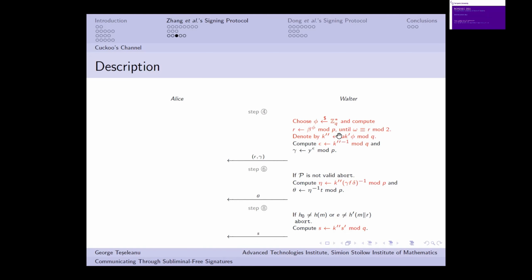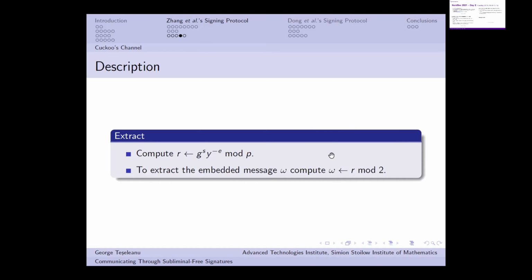After that, we had to modify the protocol a little bit in order for the verification algorithm to work. Now, again, we have to compute R, and if we can compute R, we can extract W.